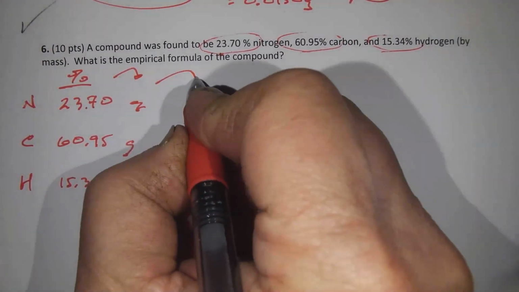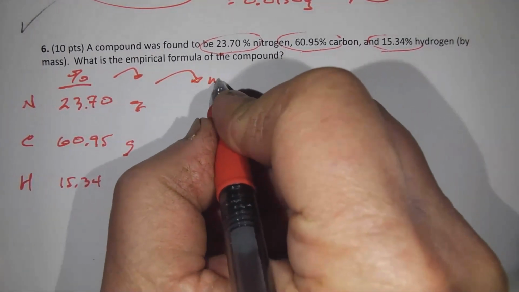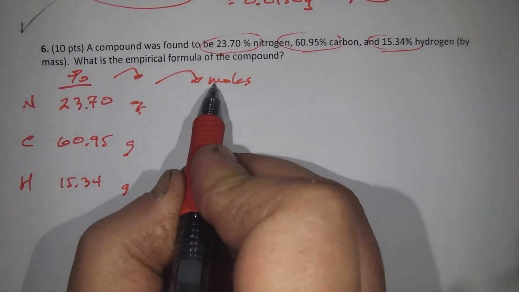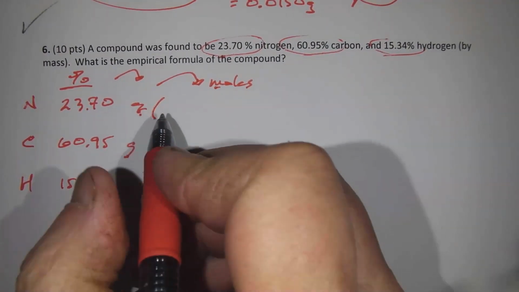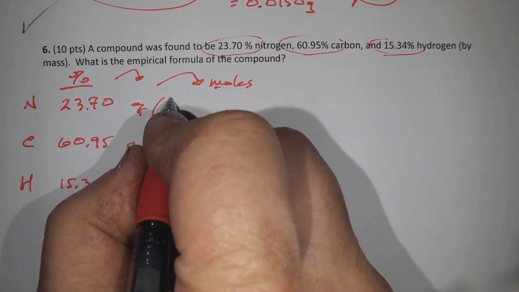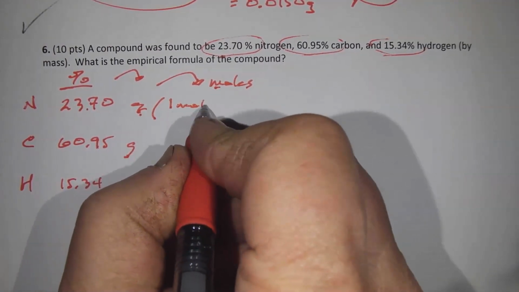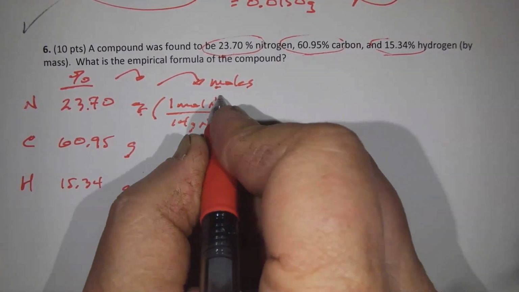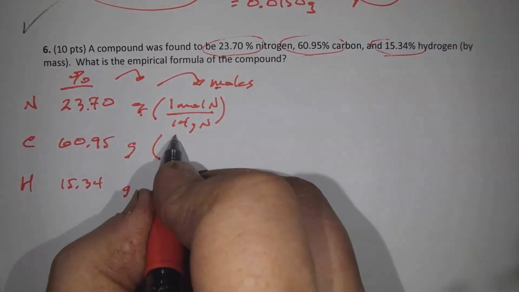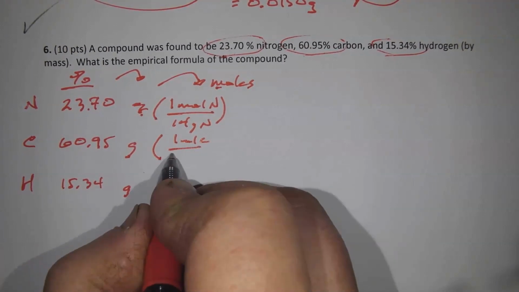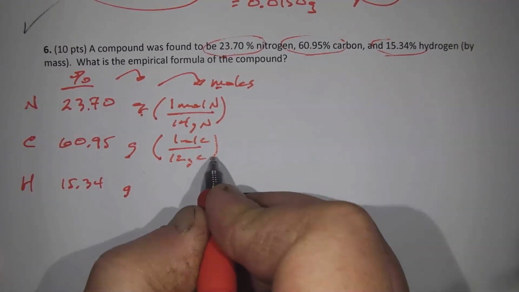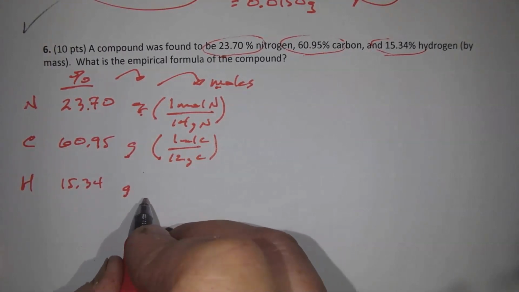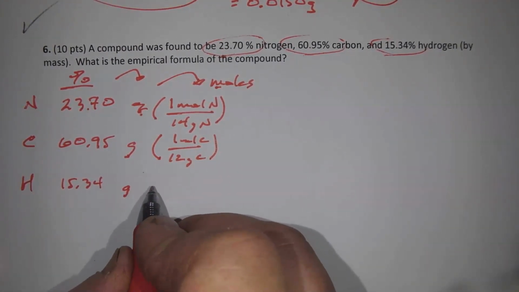All right, then the important thing is I need to turn this into moles. I have a gram to mole conversion, which means I am going to look specifically at nitrogen and say 1 mole of nitrogen is 14 grams of nitrogen. 1 mole of carbon is 12 grams of carbon, 12.01, and 15.3 grams of hydrogen.